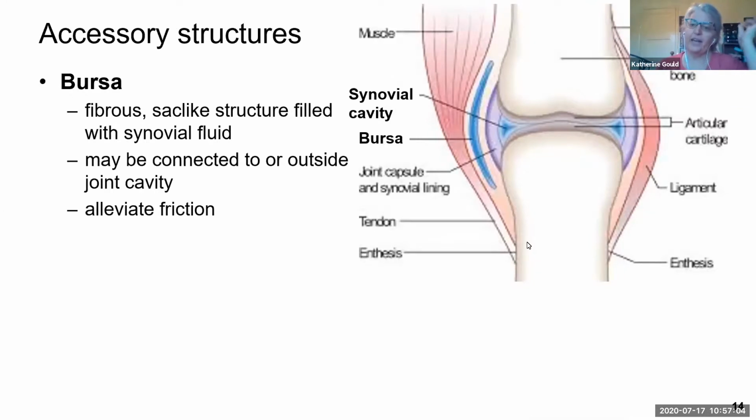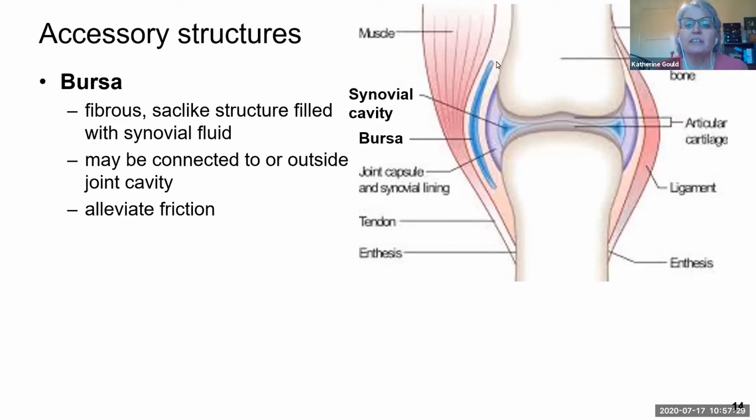Then we have in synovial joints sometimes other pockets of fluid. So we have the synovial cavity within the joint, between the articular cartilage of the two bones. Sometimes we need some extra padding, extra cushioning, and some more help easing friction, especially around some of our more complicated joints.